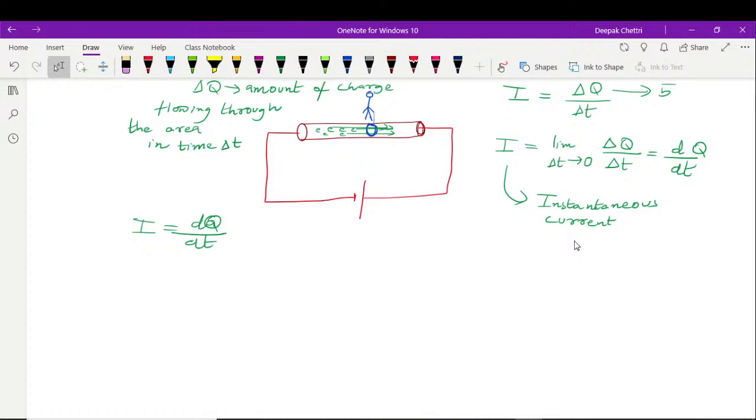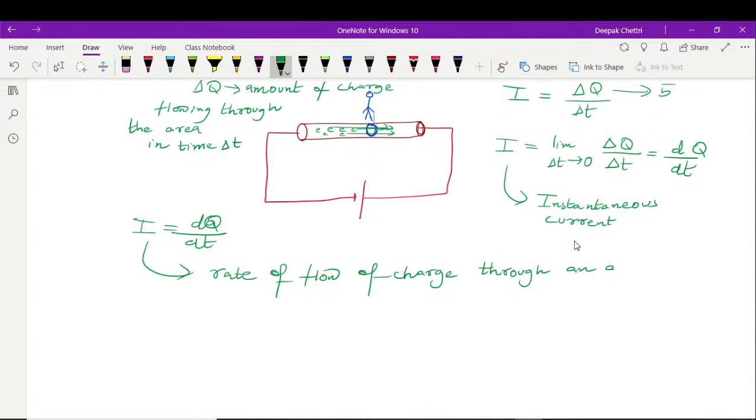So how do you define current? It is the rate of flow of charge through an area or a point, right. This is how you'll write the formula for current from now onward, dq/dt. Understand? This is actually a differentiation, right.